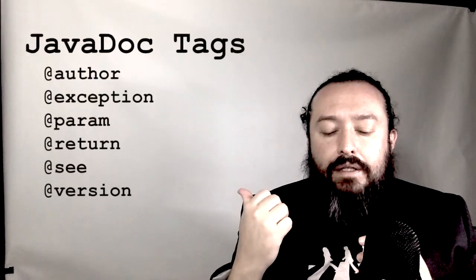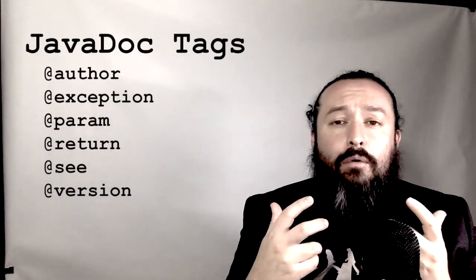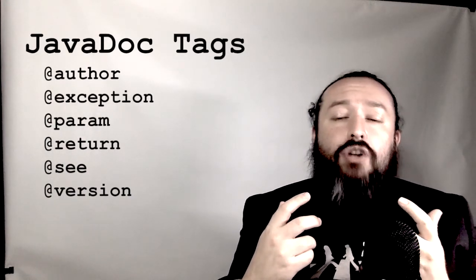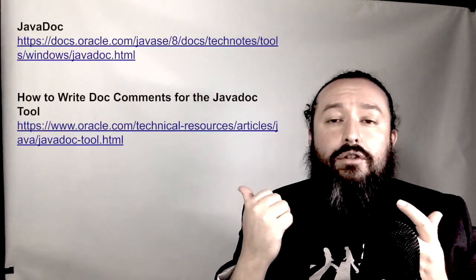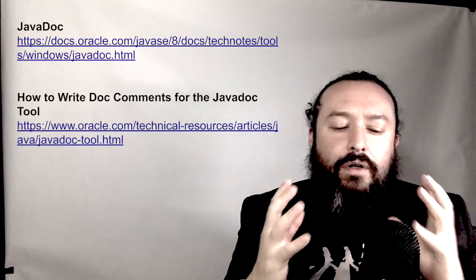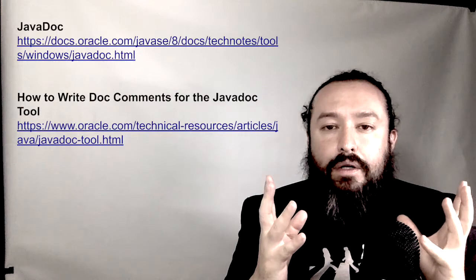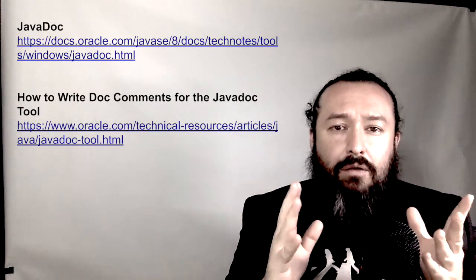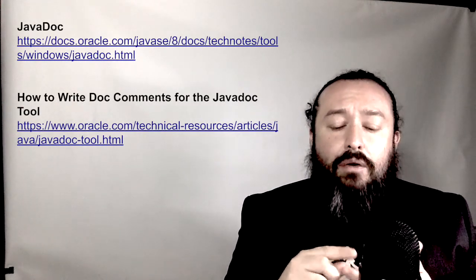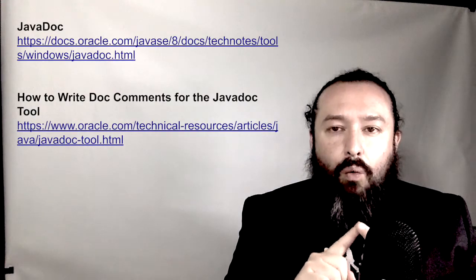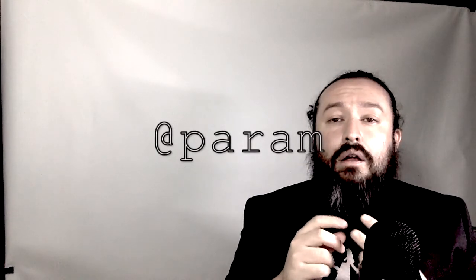There is a big number of tags available for you to use in Java, and here is the link so you can see it. For the sake of this course, we're going to use just a limited set that you can use to describe the return statement, the names of the parameters and what they are.